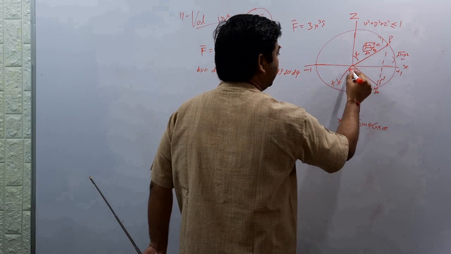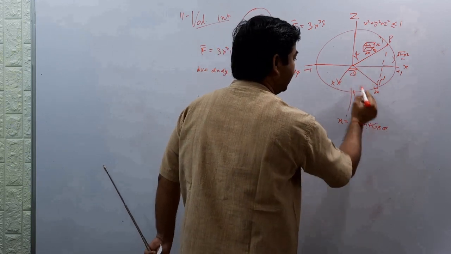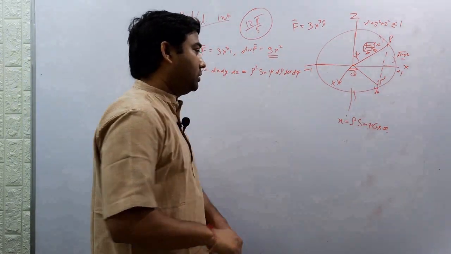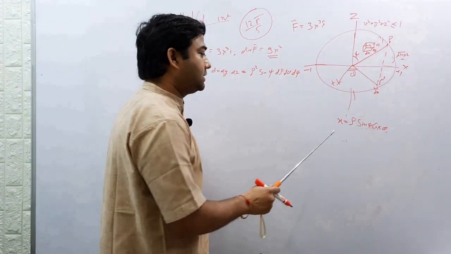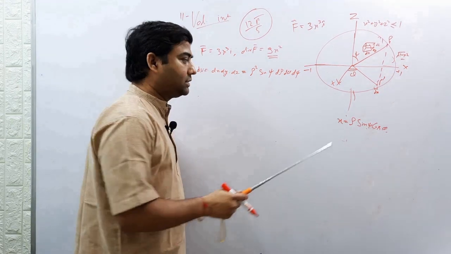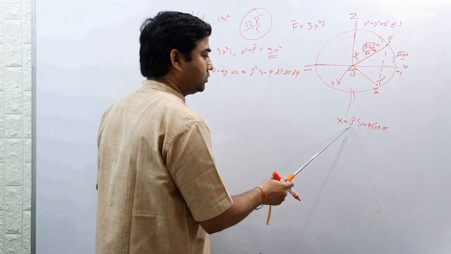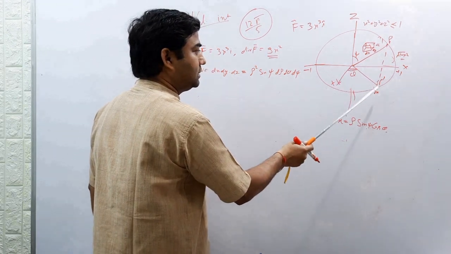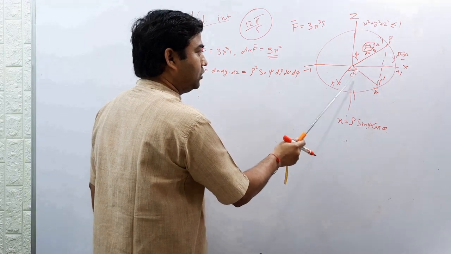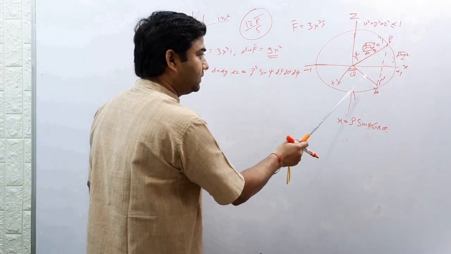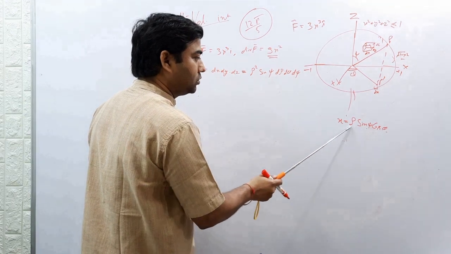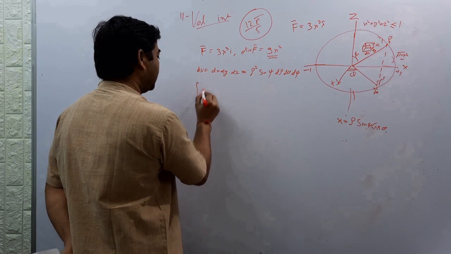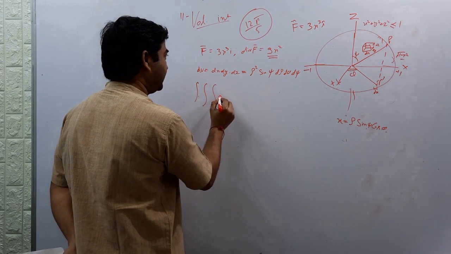So theta is the angle between the x axis and line OP dash. In that conversion system you will find x is equal to rho sin psi. So this length is rho sin psi, and the x-axis component is rho sin psi into cos theta.